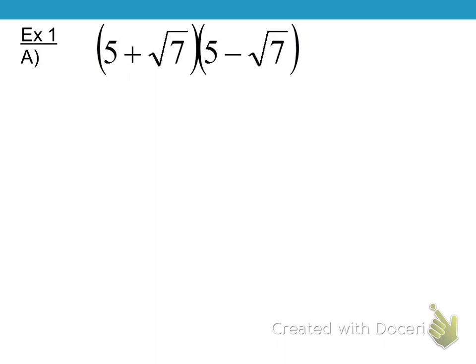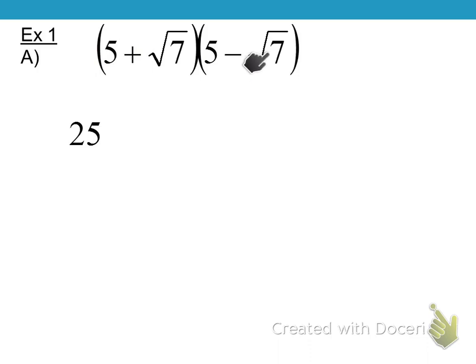All right, so I have 2 binomials. They're being multiplied by one another, so I am going to double distribute. So 5 gets multiplied by the 5. That's 25. Okay, then we'll do 5 times negative square root 7.